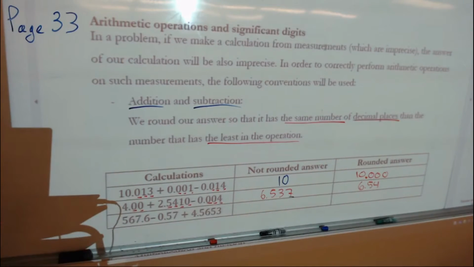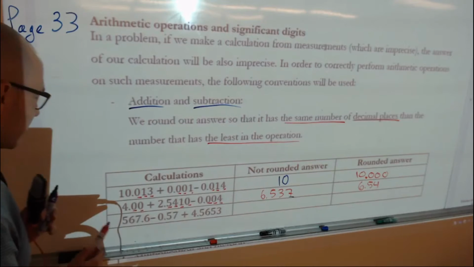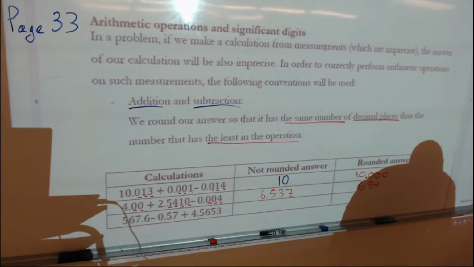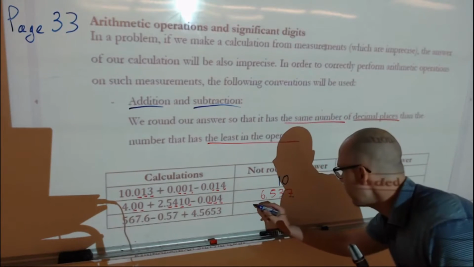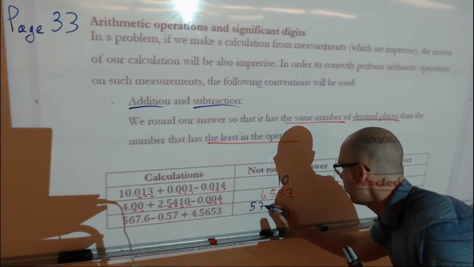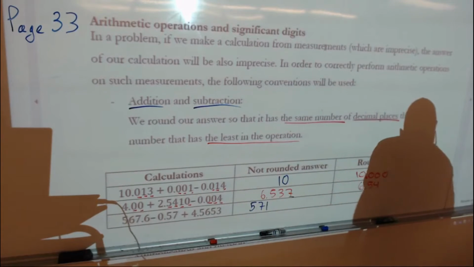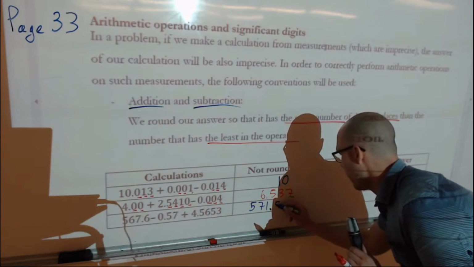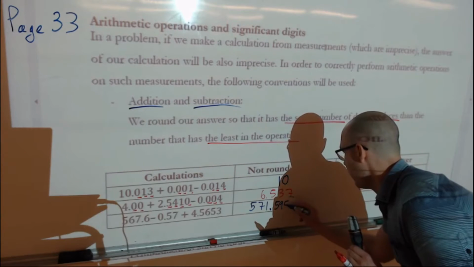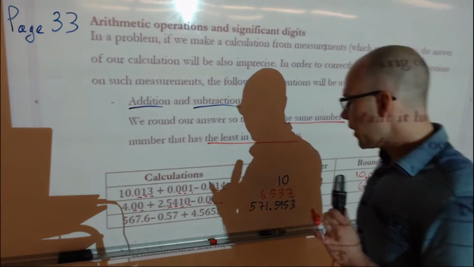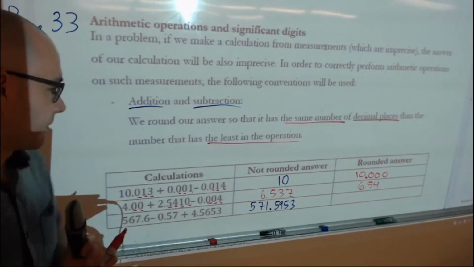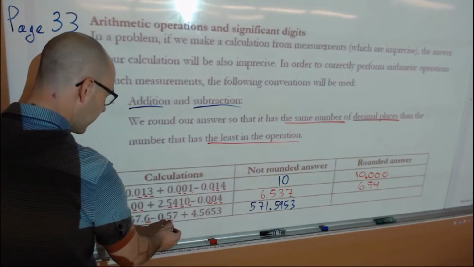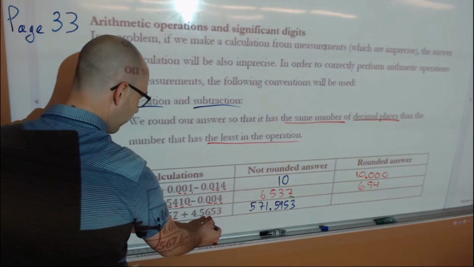Now, on to the next one. We have 567.6 minus this plus that. I'll give you the answer. It's going to be 571.5953. So now we have a lot of sig figs, but we have to keep the one that has the least decimals after the point.